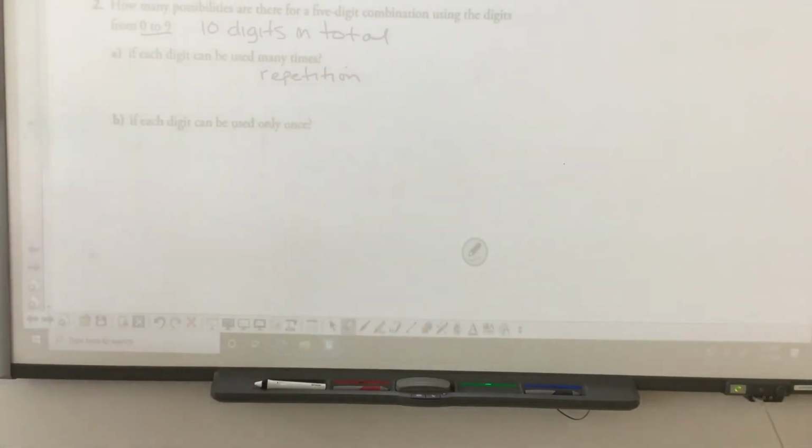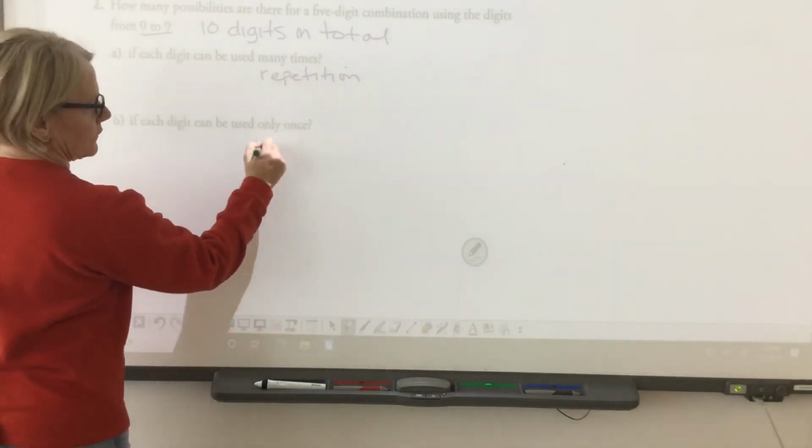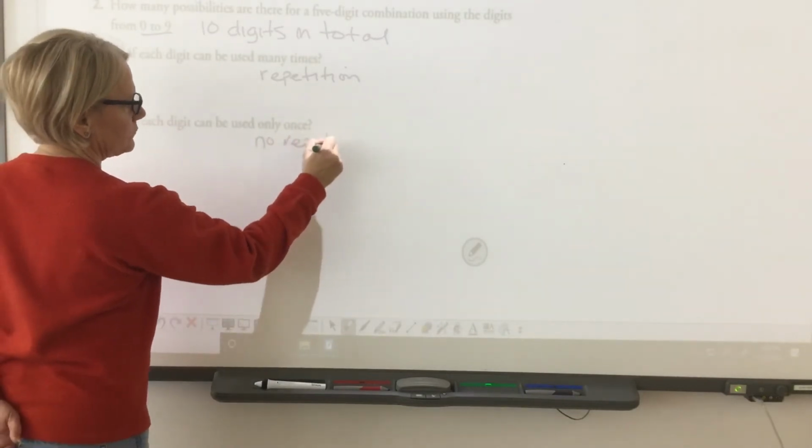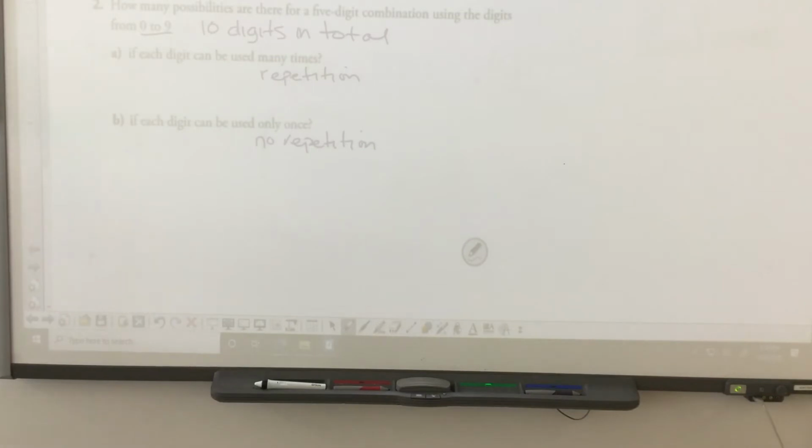You're allowed to repeat digits. Versus in part B, it says if each digit can only be used once, no repetition. So these are 2 that you have to keep straight in your mind, repetition versus no repetition, where we want to select 5 out of those 10.